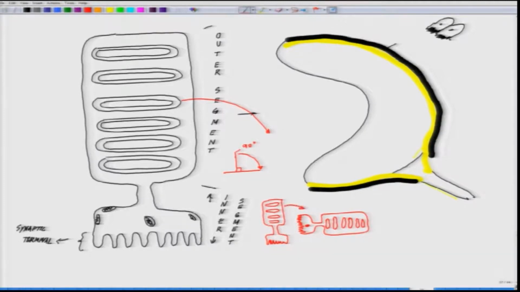Once I rotate it, it becomes horizontal to the plane. So this is how it becomes after the rotation. These cells are sitting out here like this.